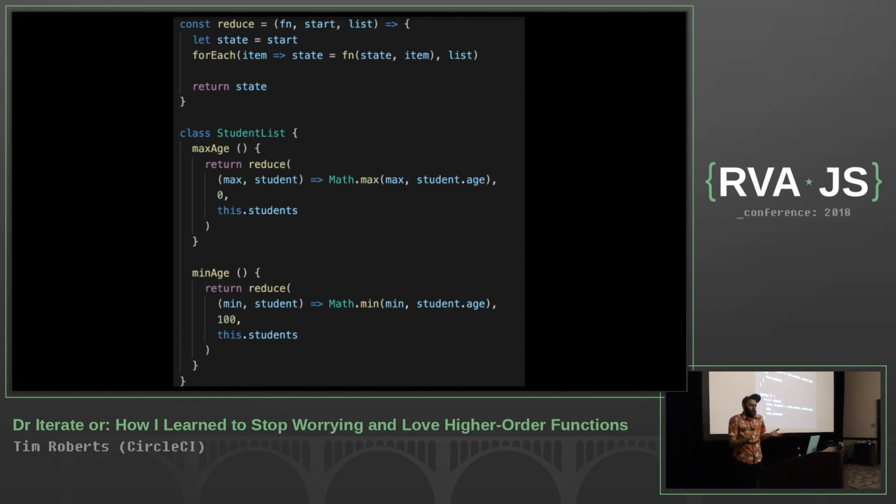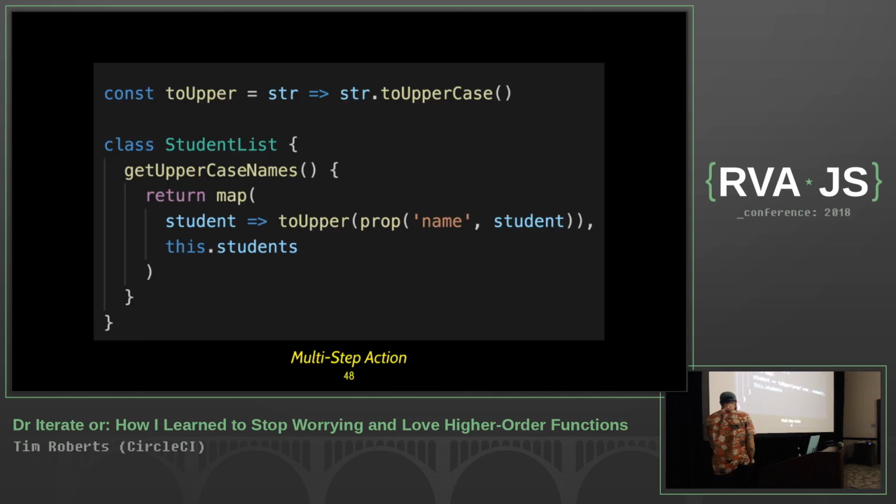That's cool. I mean, it's kind of confusing. Like, I kind of have to know what's happening here, but what's the benefit of this reduce function? The benefit is it's not tied to anything. Sure, we use this to iterate over some list of objects and return some value, but how could I use it to tie these two things together?